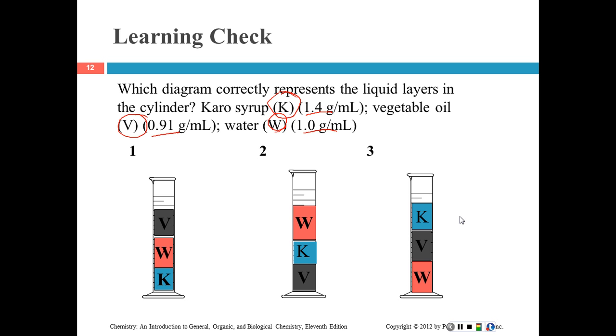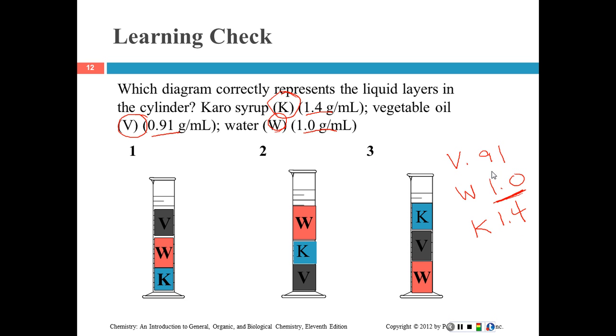Okay, so we know that V is 0.91. The next one, water, is 1.0. And then K, Karo syrup, is 1.4. And so the water is 1.